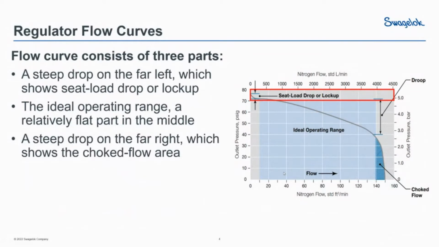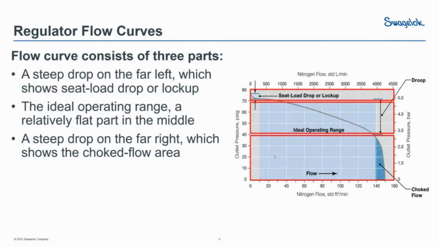Once you get out of the lockup region, the next area of the flow curve represents the ideal operating range. And once you've gotten past the ideal operating range, you'll get to a steep drop in pressure on the far right, where choked flow occurs. In this state, the regulator is as open as it's going to get, and you have sonic choking occurring across the regulator's orifice.